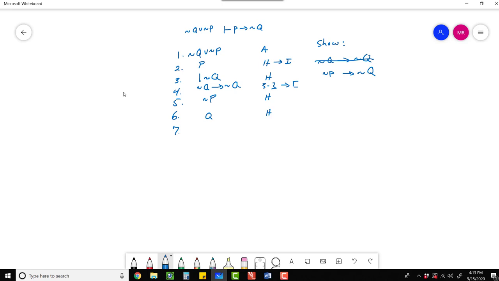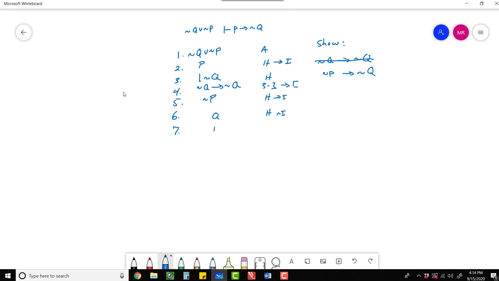So Q is my hypothesis. I did a bad job indenting that. Okay, so I've hypothesized Q this time for negation introduction. Before it was for conditional introduction.